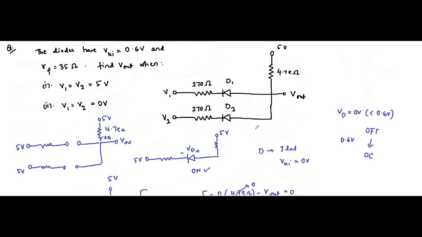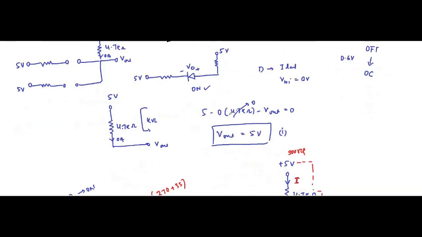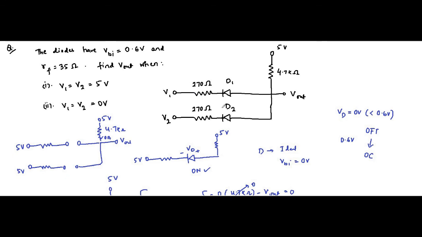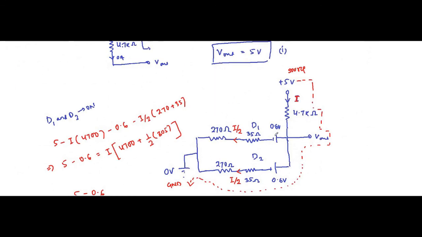That's the first case. In the second case, the P ends of the diodes were connected to 5 volt, and the N ends were connected to ground, 0 volt. In that case, it will be sufficient to turn them on, to drive them to forward bias mode. And since both these branches have identical conditions, the same current will flow through them; the source current will get divided equally.